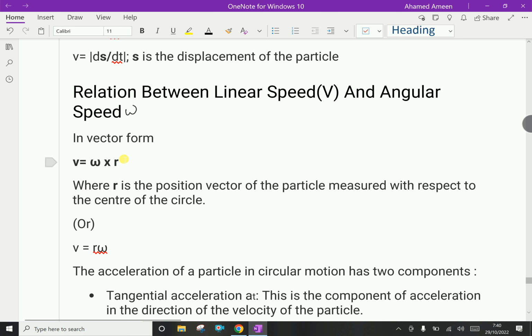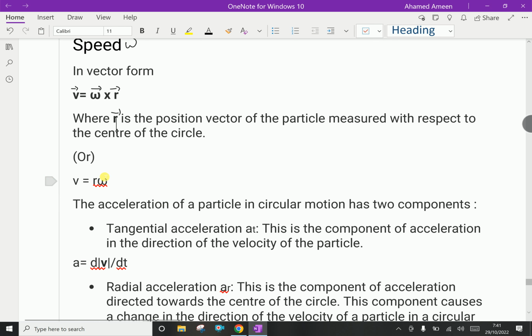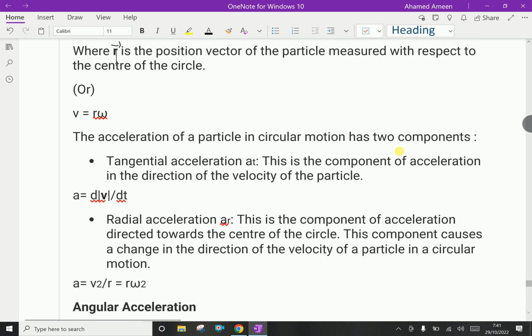Here in vector form, the linear velocity vector v is equal to the angular velocity vector omega cross product with the radius vector r. So the v vector is the omega vector cross the r vector, where the r vector is the position vector of the particle measured with respect to the center of the circle, or v equals r omega.